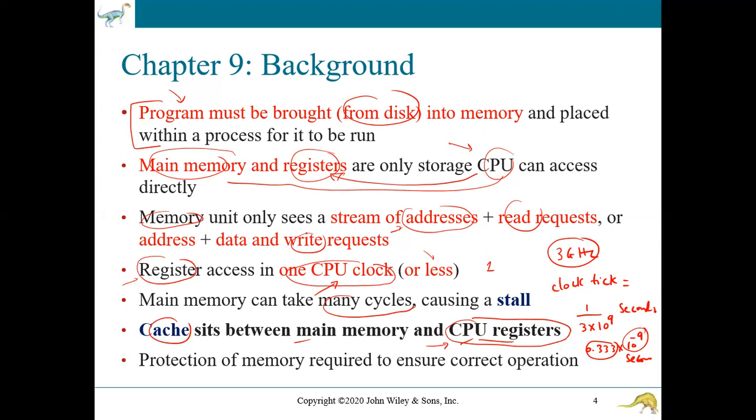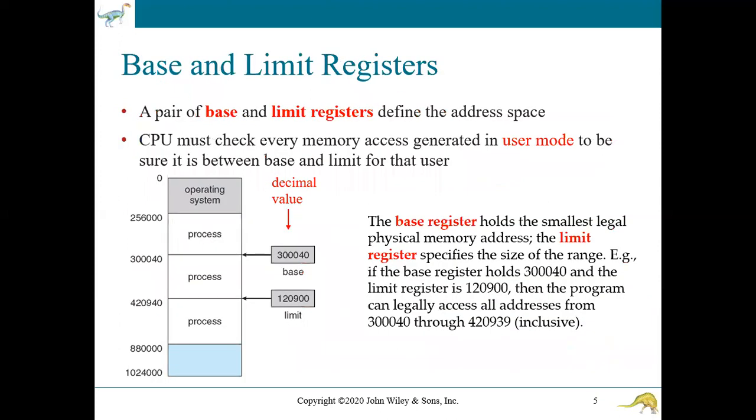Protection of memory is required to ensure correct operation. Basically, memory should be protected, which means no one else is going to step on the memory. A pair of base and limit registers define the address space. There are two very important registers, a base register and a limit register.